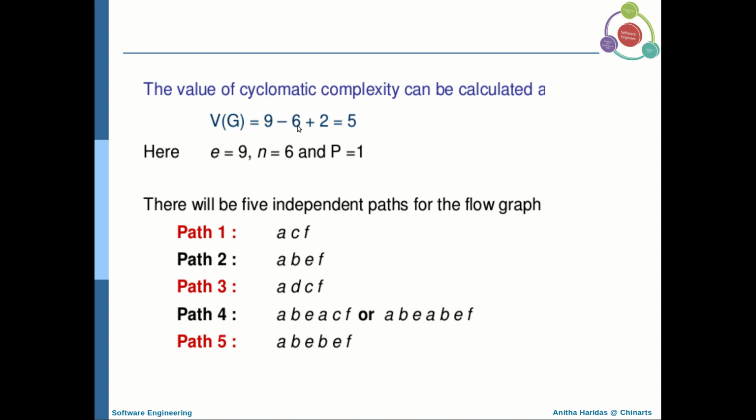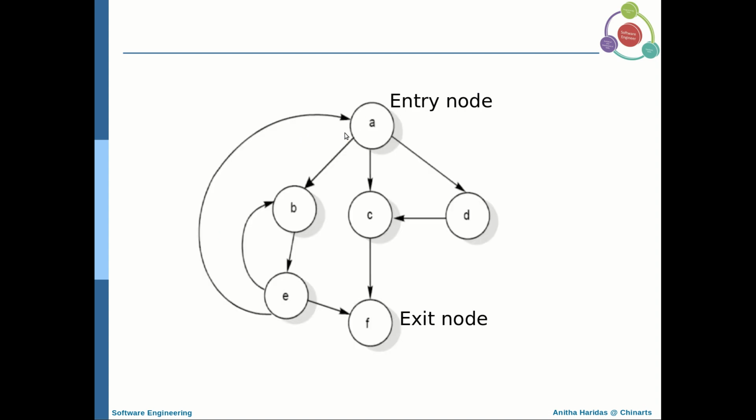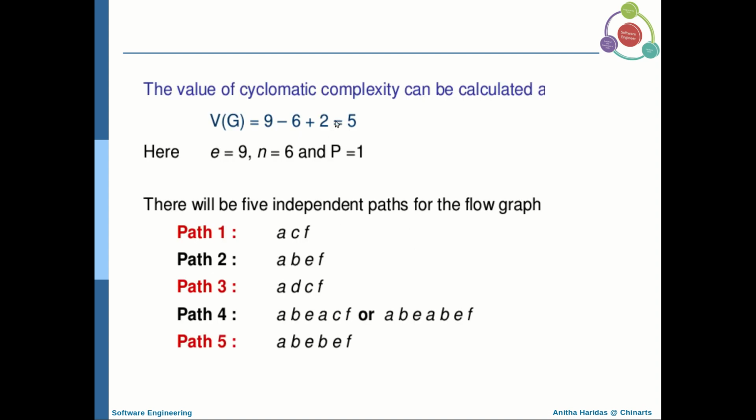I have 6 vertices, N is equal to 6. How many connected components are there? I have only one connected component, so P is equal to 1. If so, the formula gives you the value 5. So for this particular given graph, I have 5 as the cyclomatic complexity measure, or the metric value.